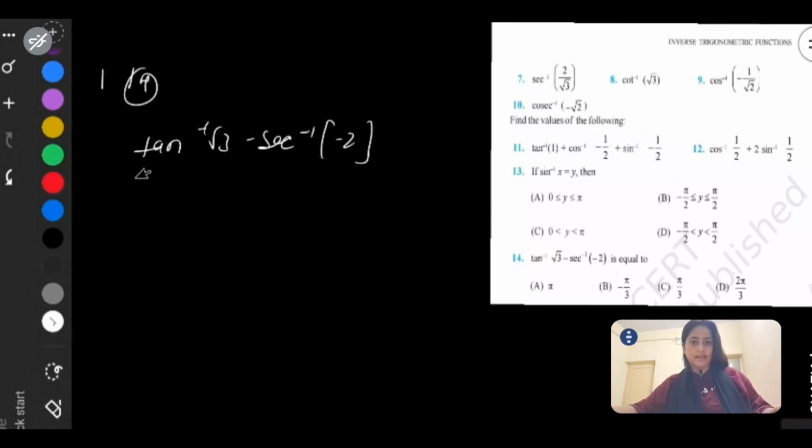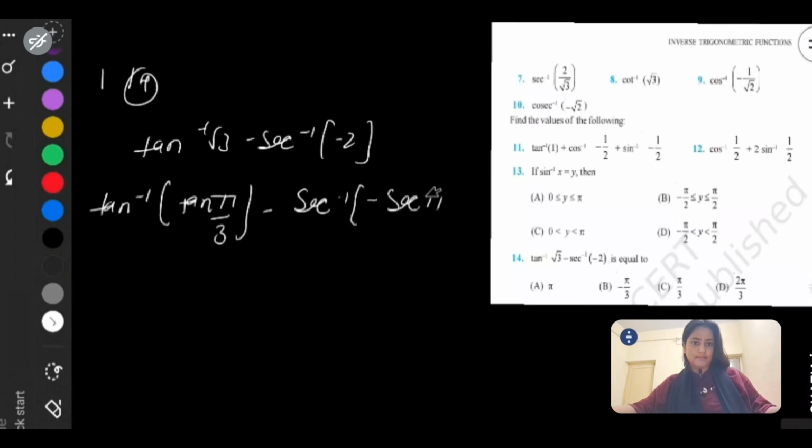So we'll put in the bracket tan inverse tan pi by 3, which is tan 60 degrees, minus sec inverse of minus sec pi by 3.